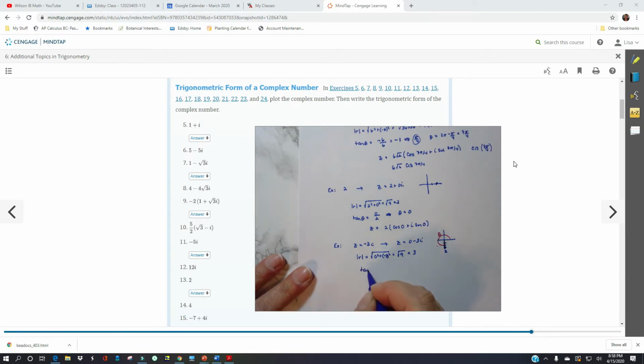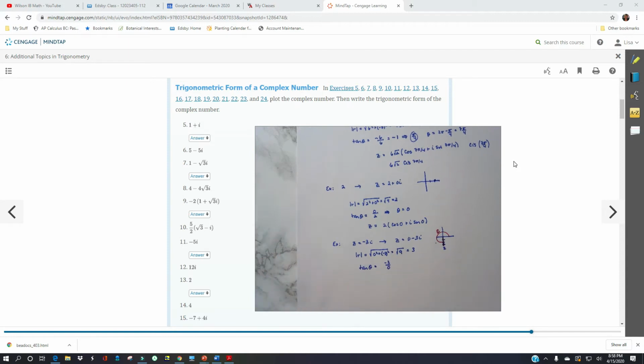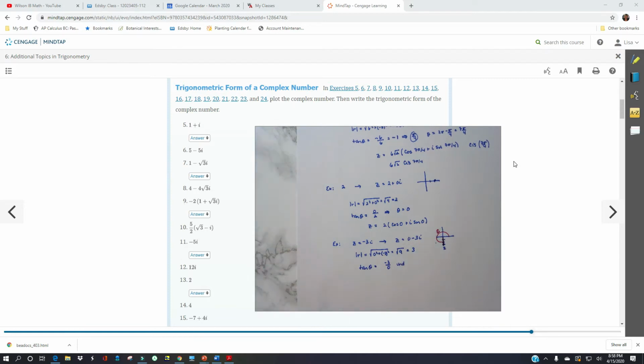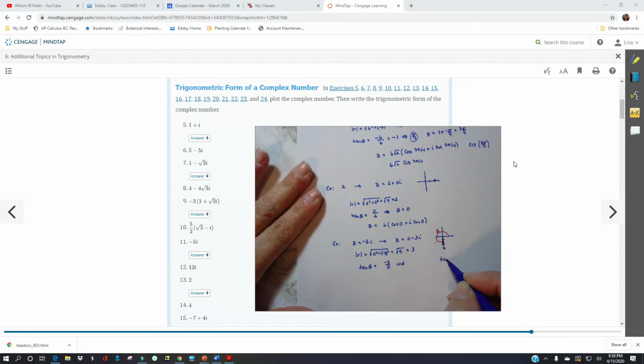The tangent of theta is b over a. And don't get hung up over that. That's undefined, right? When we divide by 0, that's undefined. And we have to ask ourselves, when is the tangent undefined? Well, remember that the tangent is just the sine over the cosine. So it's whenever this cosine is going to be 0.